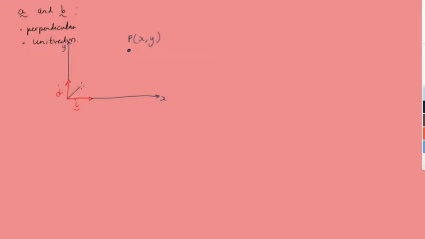And we can give this a position vector. Here's our position vector. And OP, with O for the origin, is going to be x times i plus y times j.